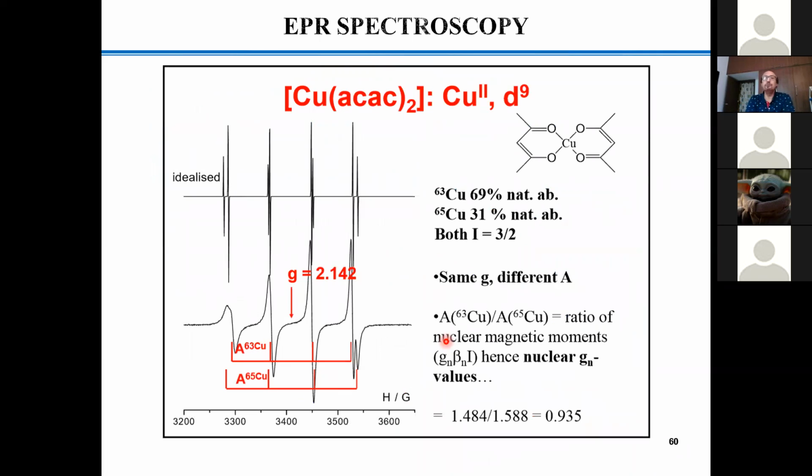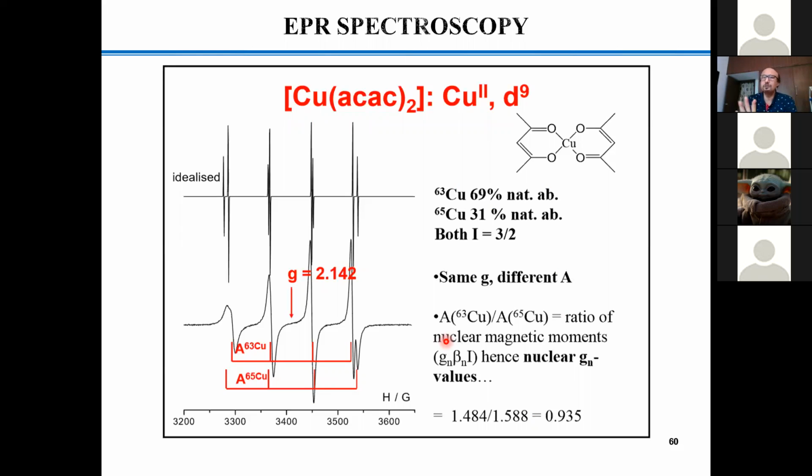Now this is one unique example, and through this example I will talk about what I have been talking about the last few days, that when we talk about hyperfine and super hyperfine coupling in ESR spectroscopy, we talked about the nuclear spin, and we know the nuclear spin depends on quadrupole moment, all sorts of things.